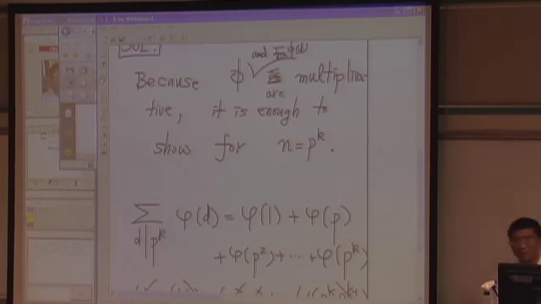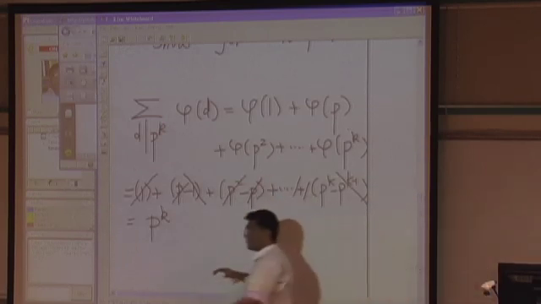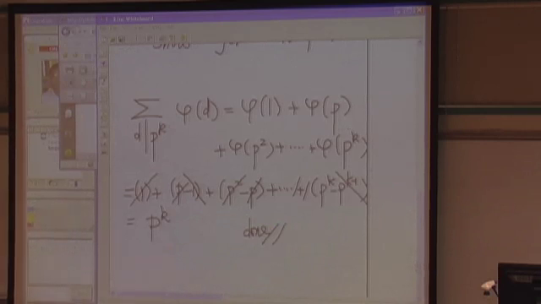If a function is multiplicative, the sum is also multiplicative, right? So we can multiply the left side, we can multiply the right side, then we can get the result.